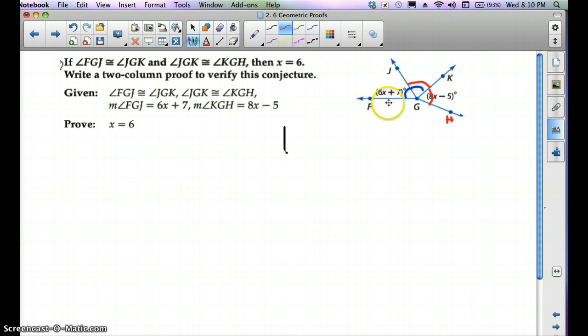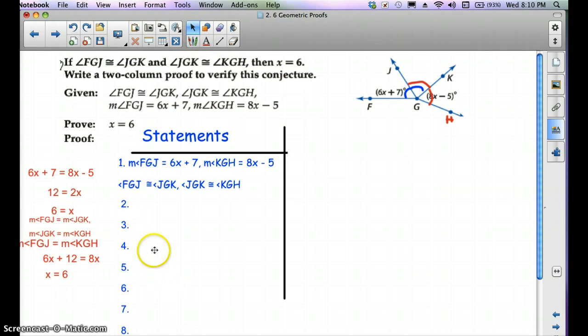Okay, so you would set these two equal to each other to solve for x, right? Okay, now what we're going to do is just add some justification to that. All right, and I have my work over here, and I want to put my work in order.